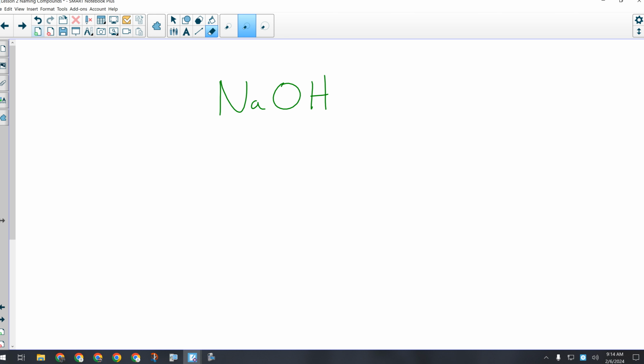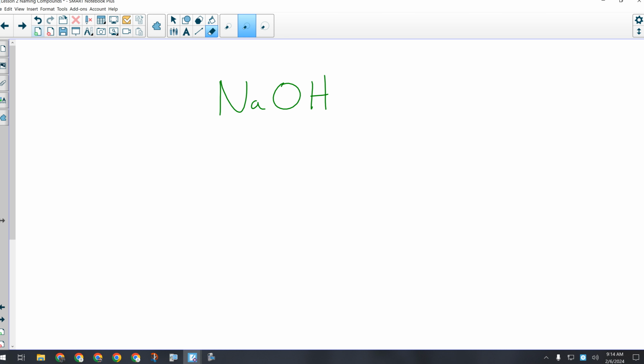Now, on the top of your periodic table, there's a box called the table of common polyatomic ions. In there, is there an ion that is OH? Right here. What's its charge? -1. If it doesn't have a number beside it, just a dash, it's negative.